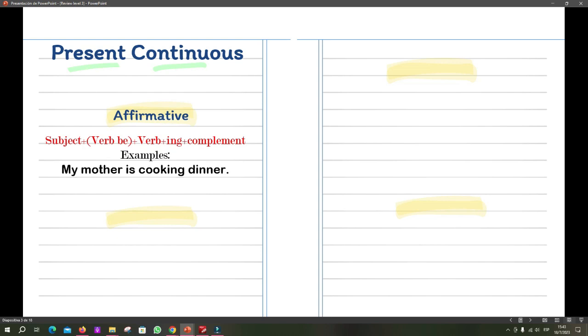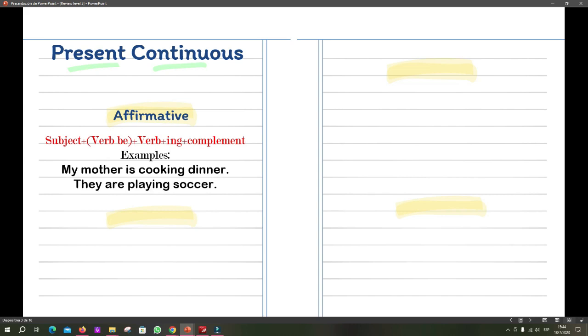Plus the complement. For example, my mother is cooking dinner. Look, which is your subject? My mother. Then you have the verb be, is. The main verb plus ing, cook, ing, right? Cooking. Then the complement, dinner. So my mother is cooking dinner.